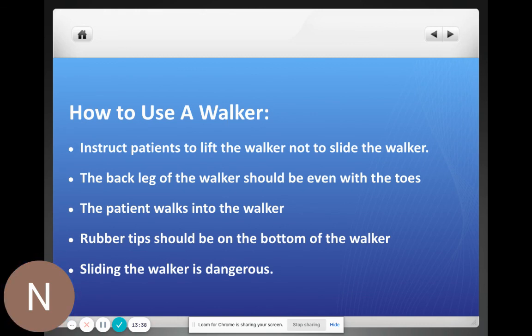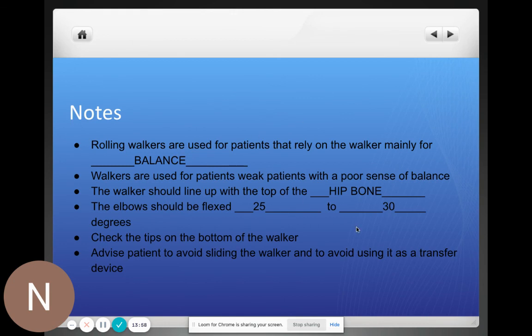I'm going to also make a video for that for you as well. But the big thing is sliding the walker is very dangerous. So we want to encourage them to lift. And here are your answers.